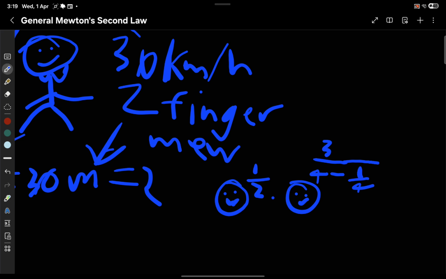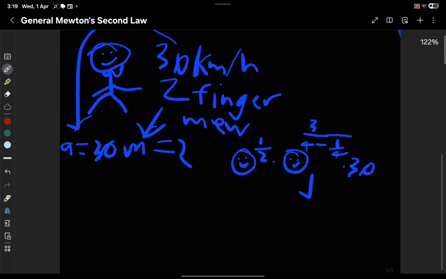And now, times 30. Now we can simplify this into smiley face to the power of 15 over 4.